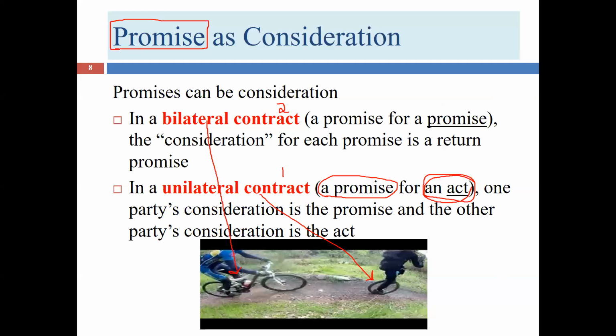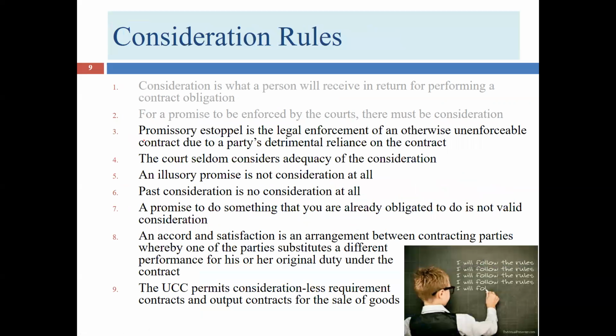It's the promise to pay the $1 that's the consideration. It's the promise of providing the Coke that's the consideration. So technically, in a bilateral contract, both of the promises are the consideration. In a unilateral contract, this promise is the consideration, and then the action is the other consideration. So that's just a fine point. I don't want to spend too much time on it, but it is logistically kind of what's going on here behind the scenes. So we've looked at our first 2 rules of consideration.